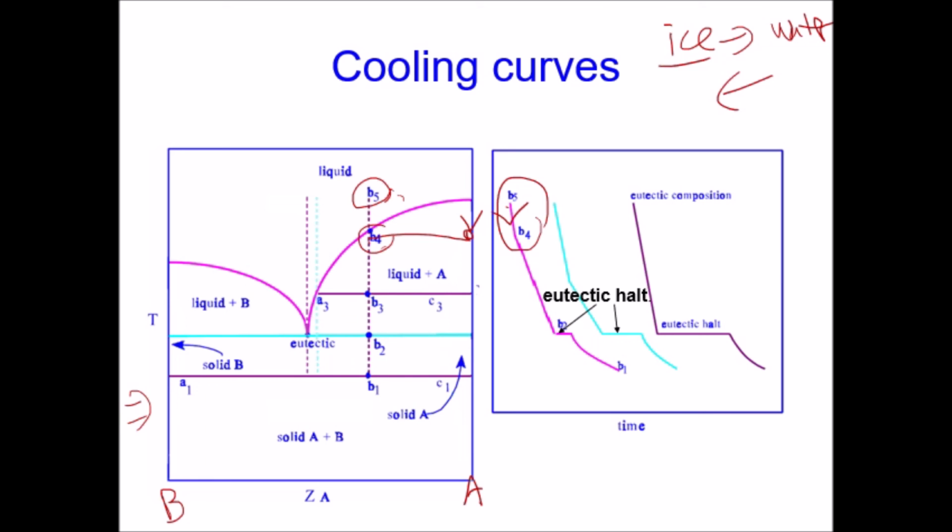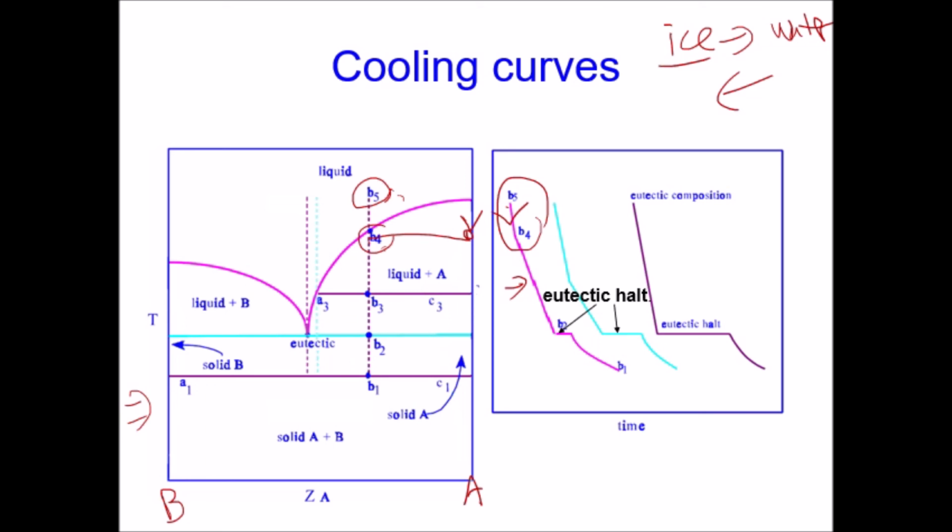So at B4, when A freezes, it releases heat, and when heat is released, it slows down the cooling process. Therefore, you see a cooling line that has a different, smaller slope. The cooling becomes slower and needs more time to change temperature.